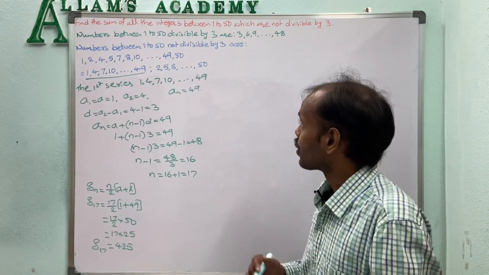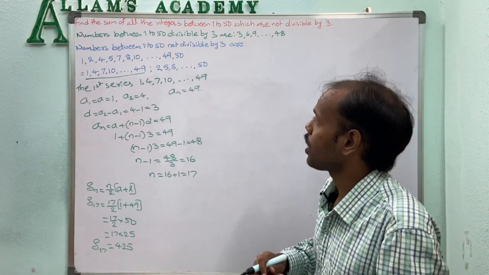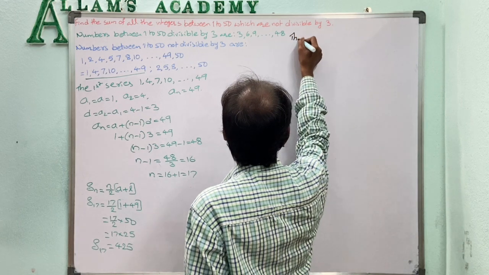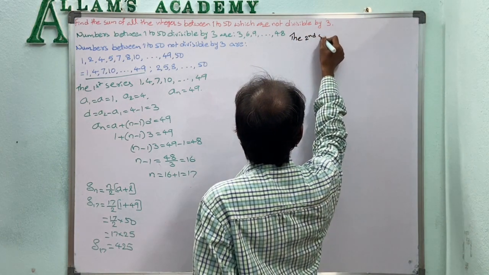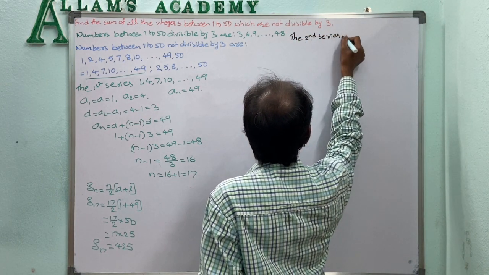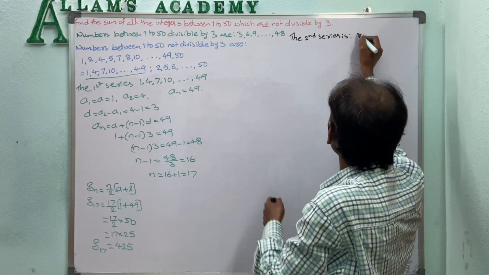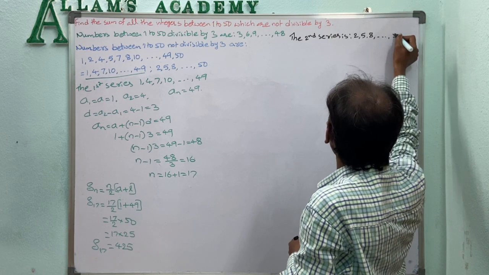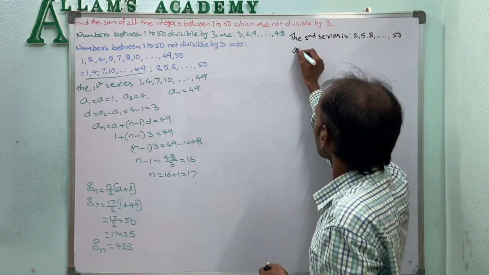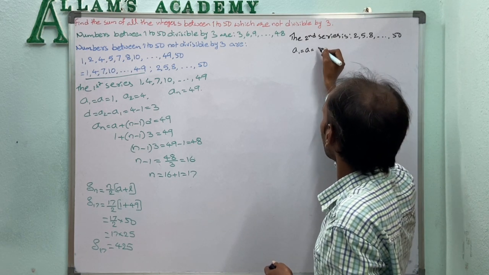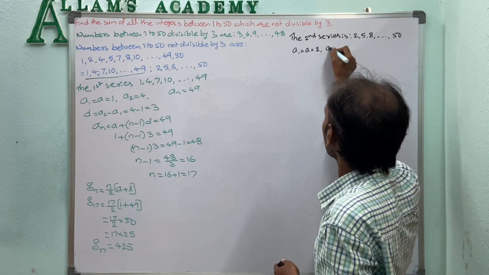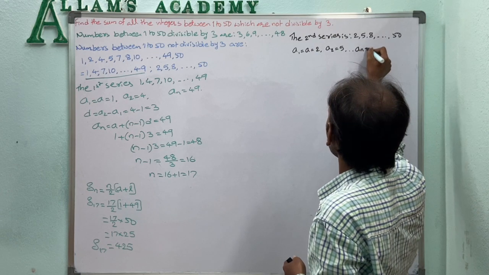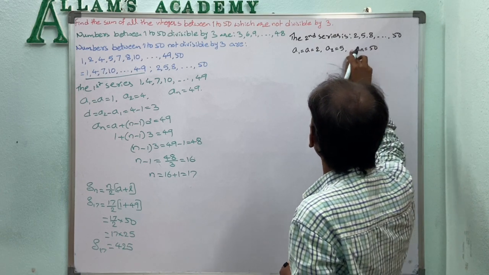Now let us find the second series sum. The second series is 2, 5, 8 and so on up to 50. Here the first term a1 is equal to a equal to 2, the second term a2 equal to 5, and the nth term is equal to 50.